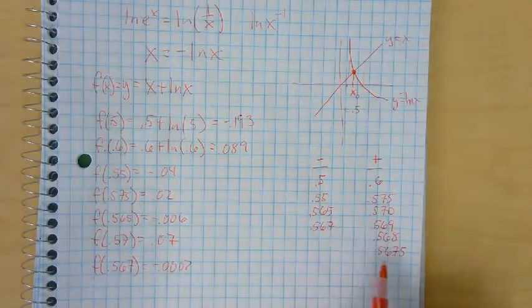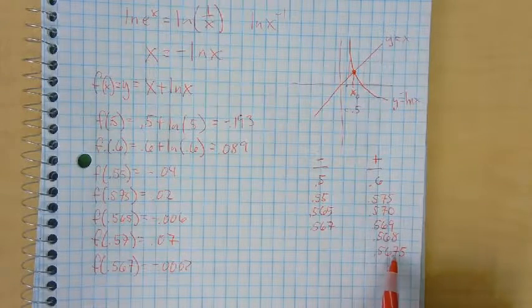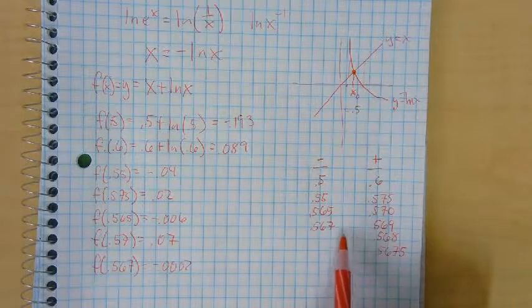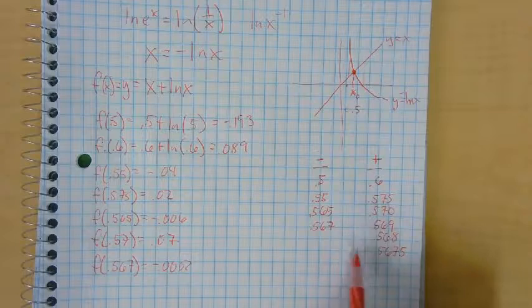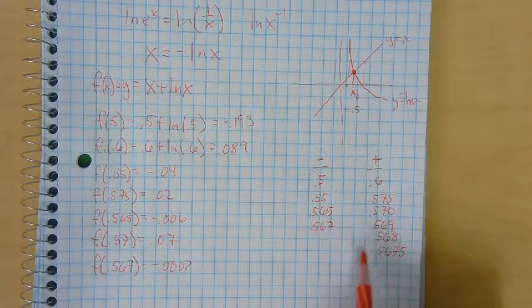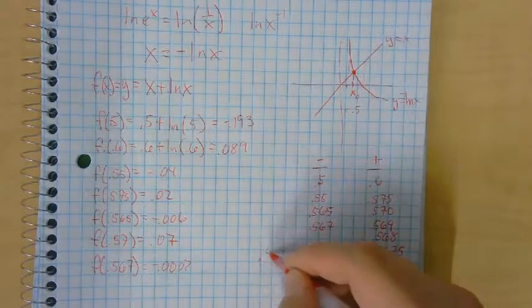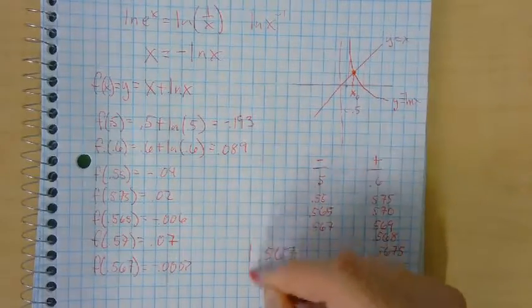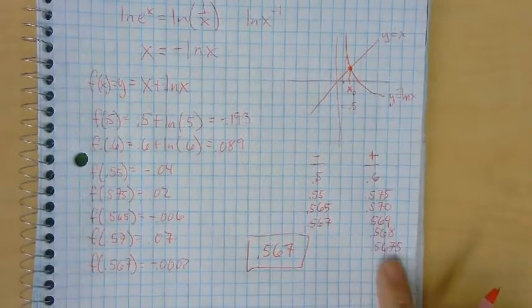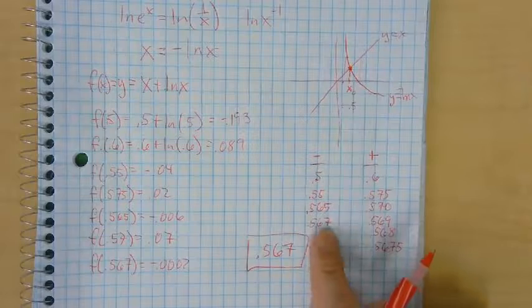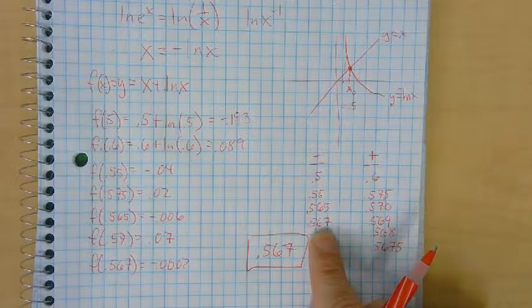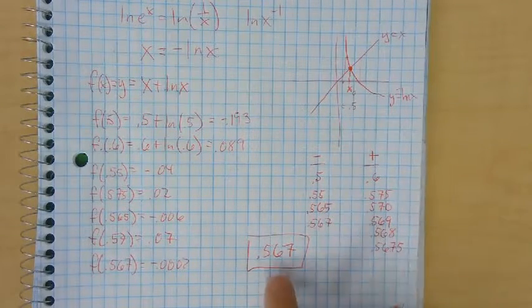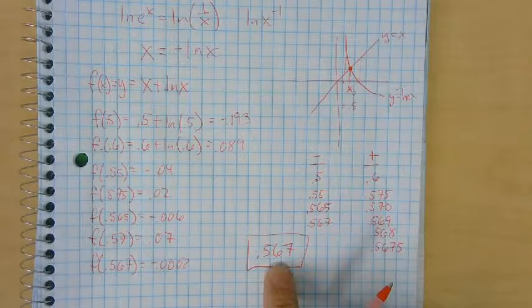Okay, now once I'm to this point, I know this is too much on the plus side. At this point, I know everything in here is going to round to 0.567 because I know it has to be smaller than this, and I know it has to be bigger than this. Everything that's bigger than this but smaller than this will round to 0.567.